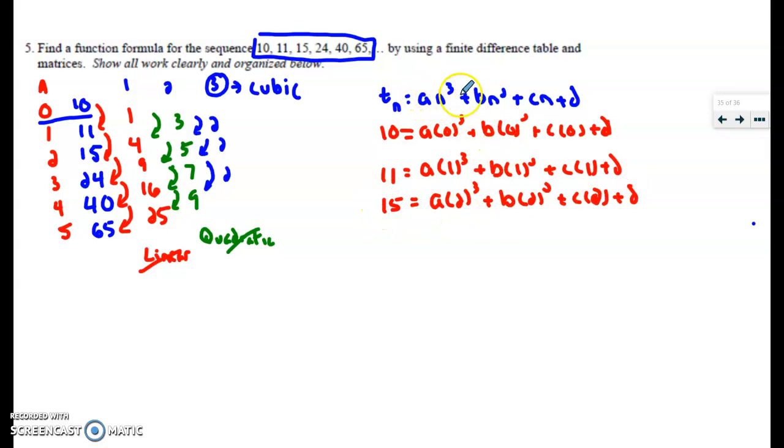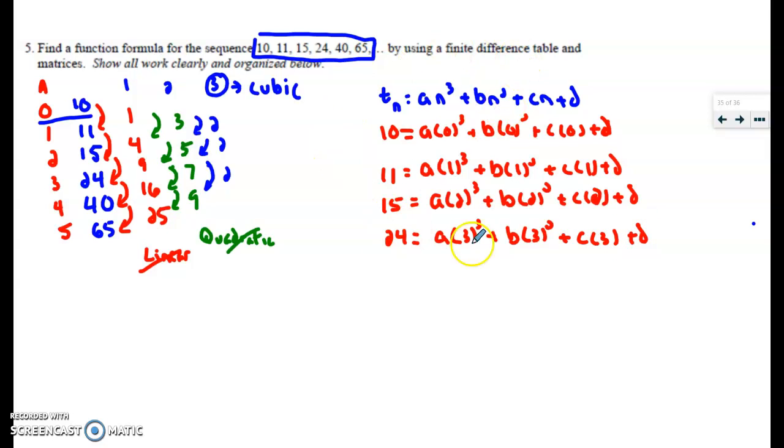Now because there are 4 variables, a, b, c, d, in this case, I'm going to do it one more time so that I can have 4 different equations. So I'm going to use 24, and then I have a times 3 cubed plus b times 3 squared plus c times 3 plus d.